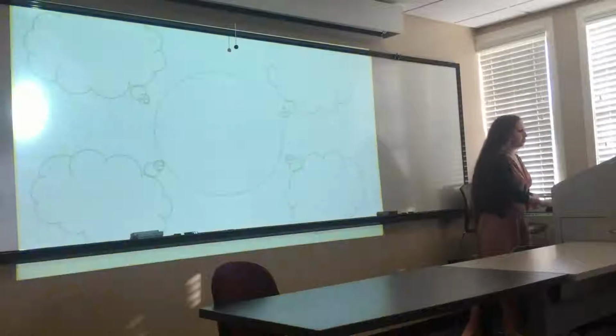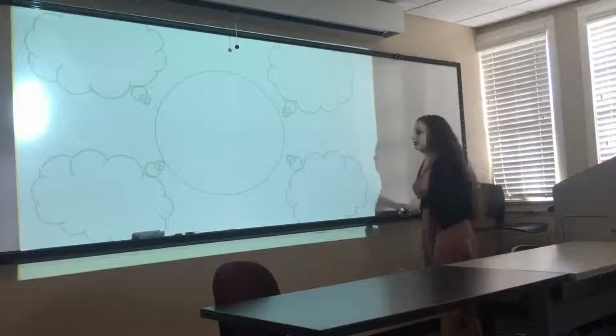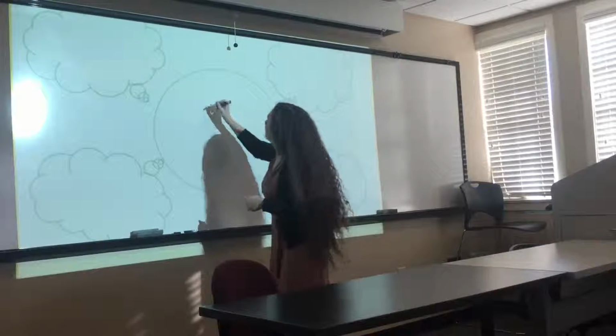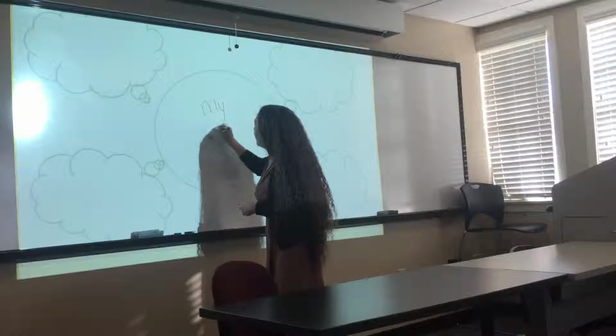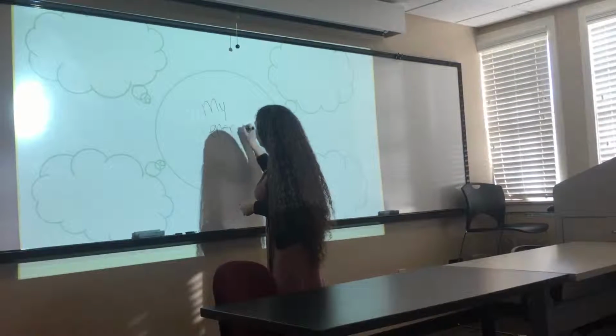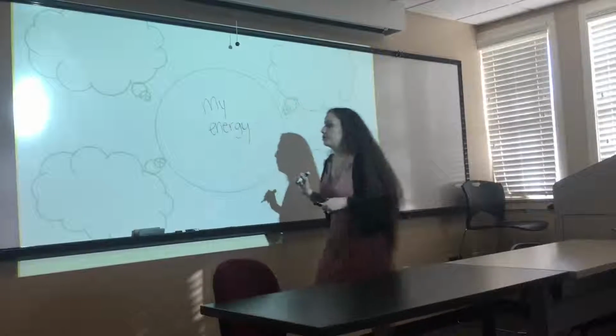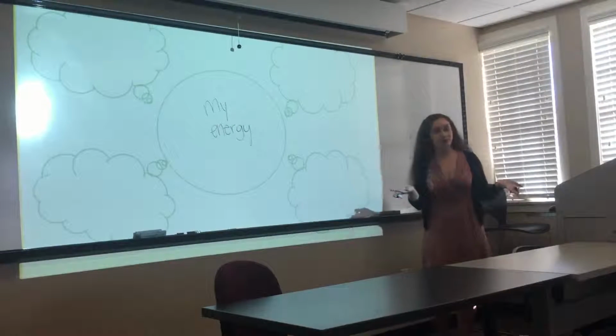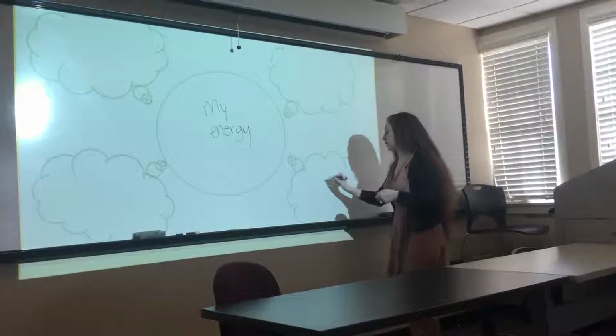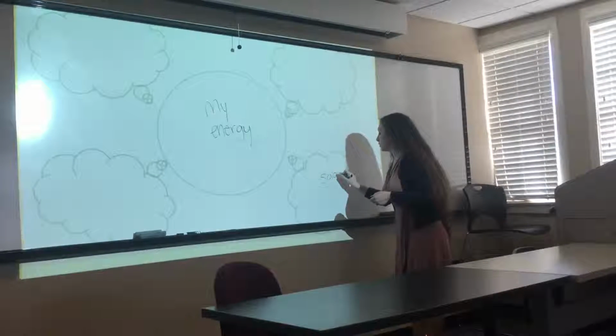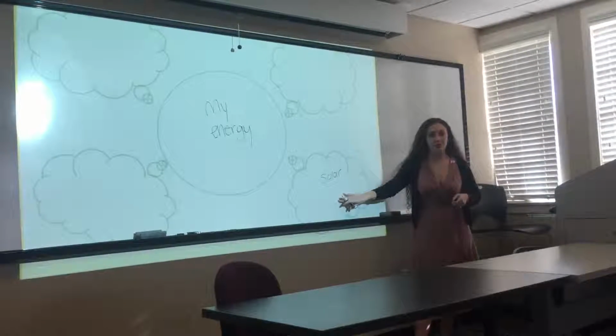Okay, so first, how do you get energy? So let's brainstorm. If I was going to say my energy, what are some things that we could say? Some of you might say solar energy, right? Some of our houses have solar energy.